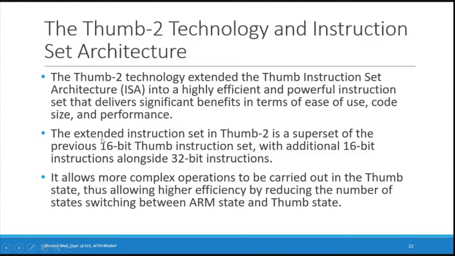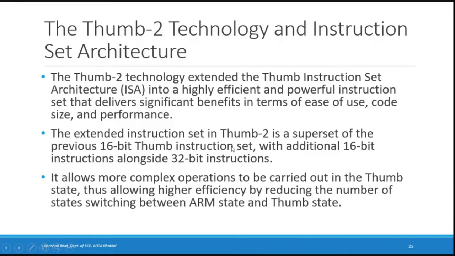Okay, the extended instruction set in Thumb 2 is a superset of the previous 16-bit Thumb instruction set, along with certain additional instructions of 16-bit as well as 32-bit instructions. So along with the previous 16-bit Thumb instructions, we have newer 16-bit instructions along with some 32-bit instructions. So it allows more complex operations to be carried out in the Thumb state.